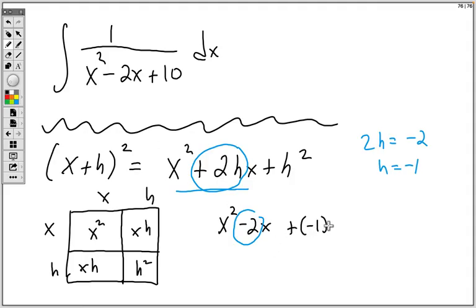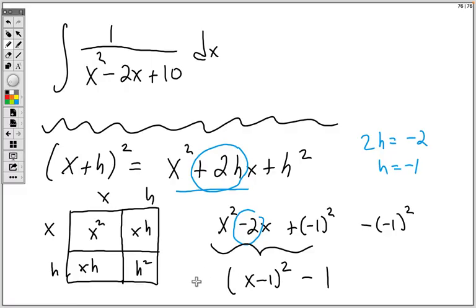And so we would need to add in minus 1 squared to complete the square, but then we would have to subtract that off to keep the balance the same. So then this would factor, perfect square trinomial, x minus 1 quantity squared minus 1. That would be the same as x squared minus 2x. Okay?